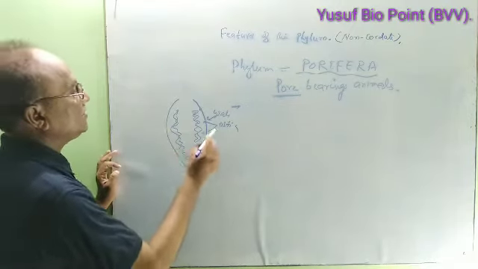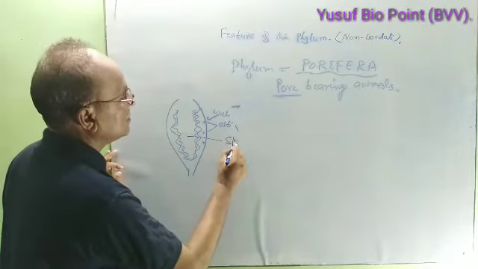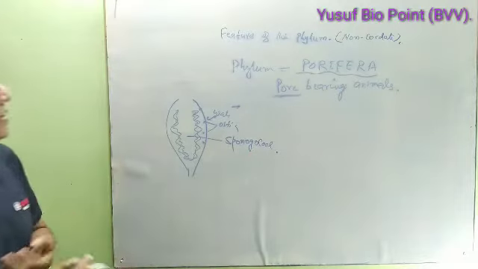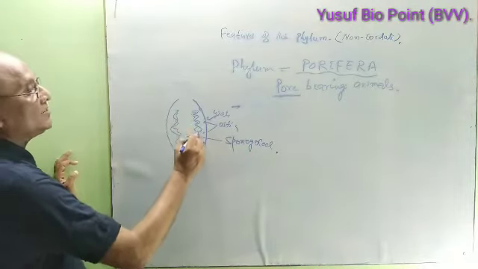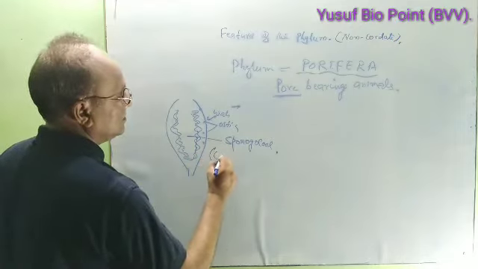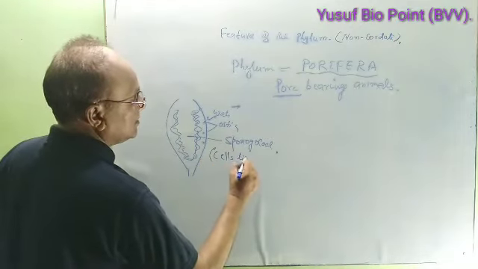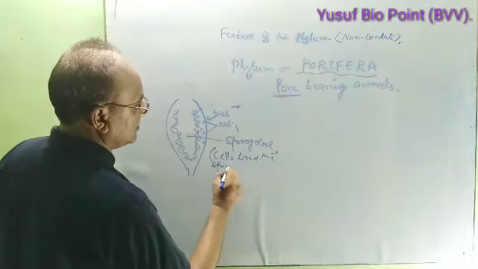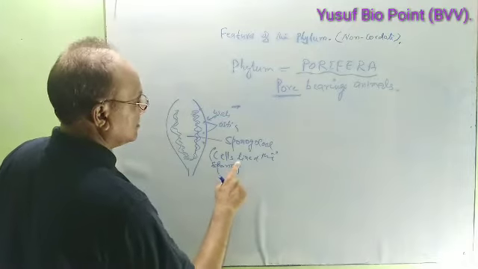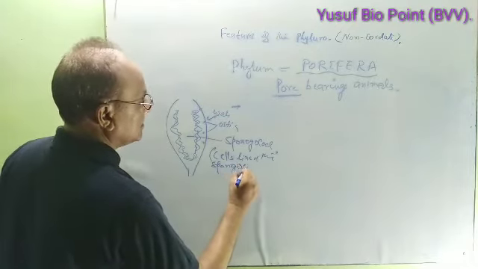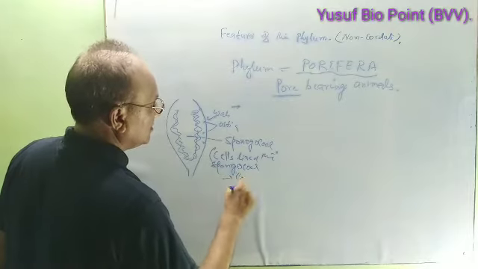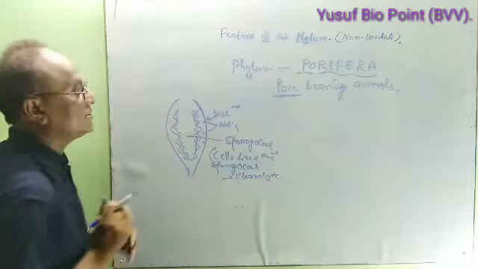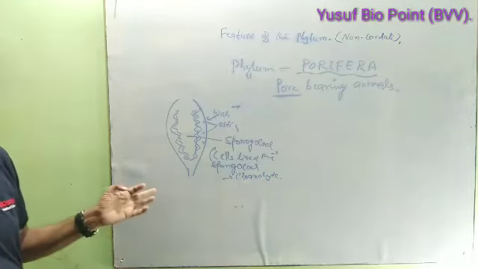A cavity is found that is known as spongocoel, and the cells which line the spongocoel are called choanocytes.